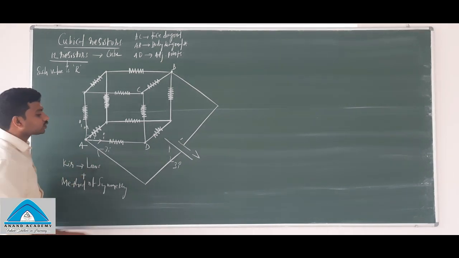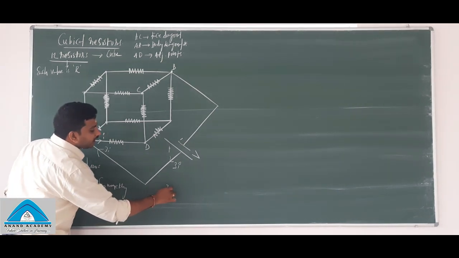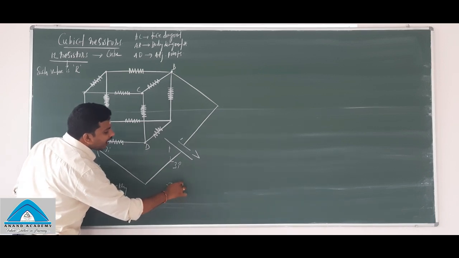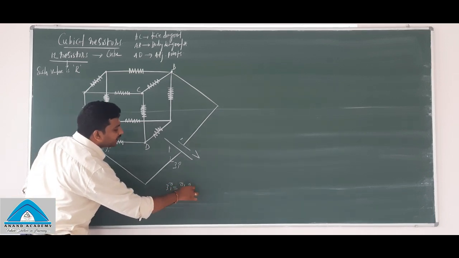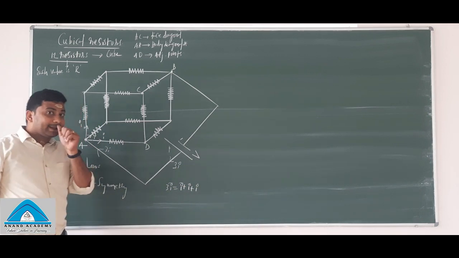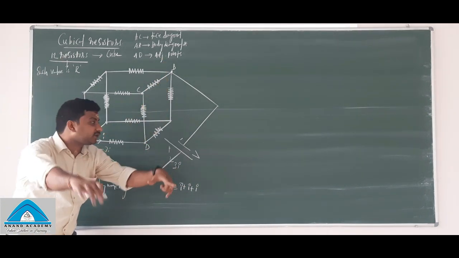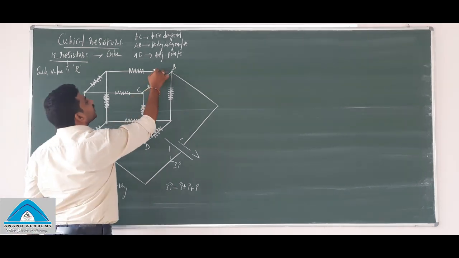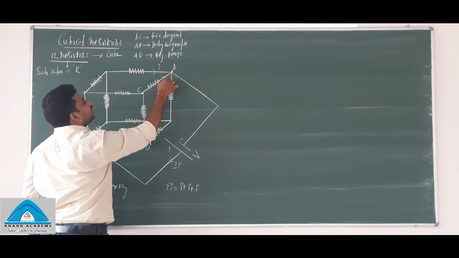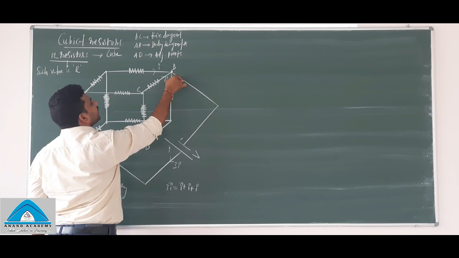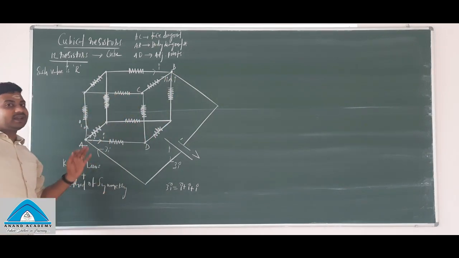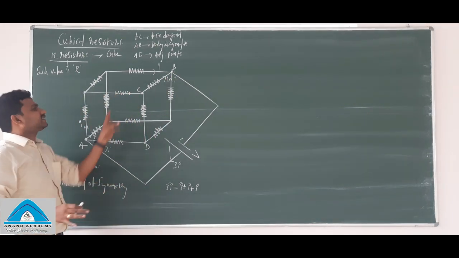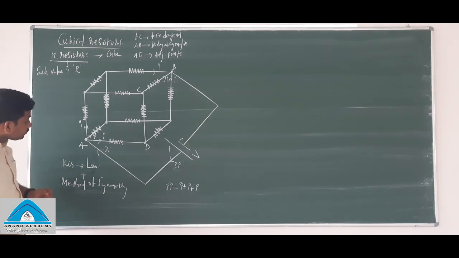Your 3I got split into I plus I plus I. According to the method of symmetry, the same way I must reach here also. It must be I, it must be I, and this must be I.